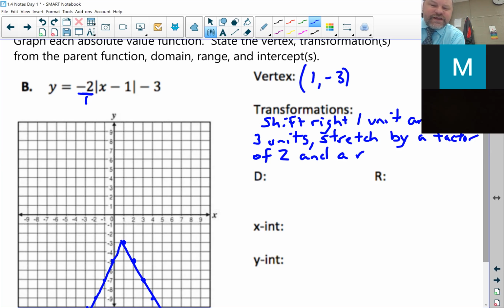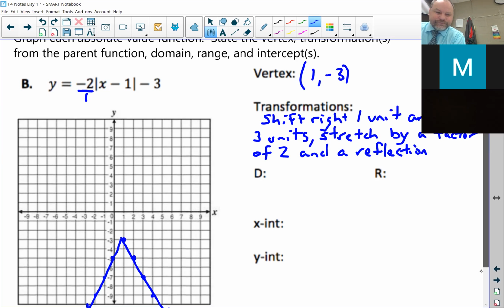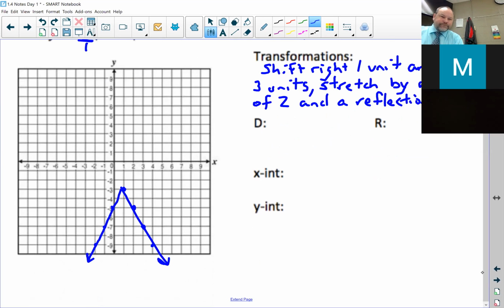And because it's negative, it is a reflection. All of that from that little graph or that little function. The domain, again, of all absolute value functions, negative infinity to infinity.